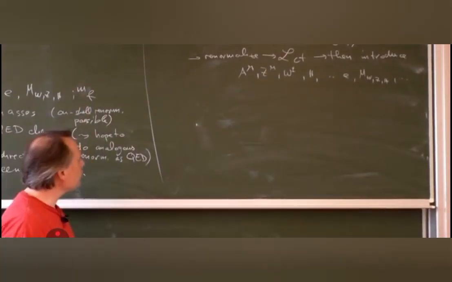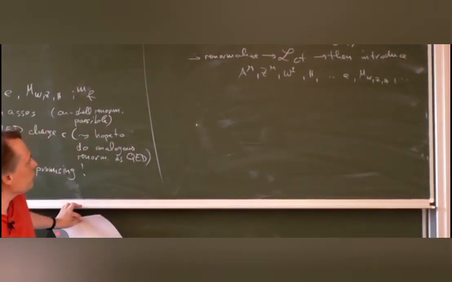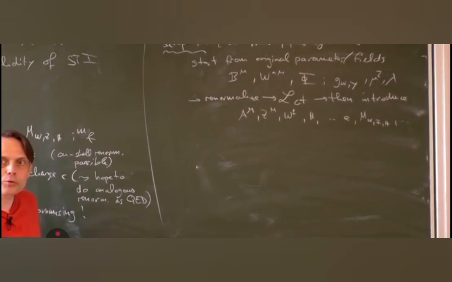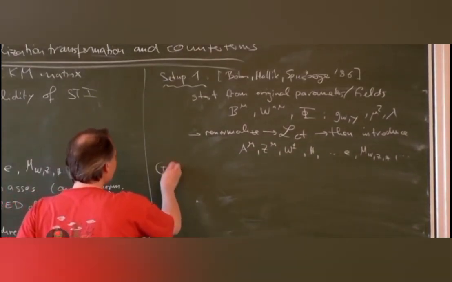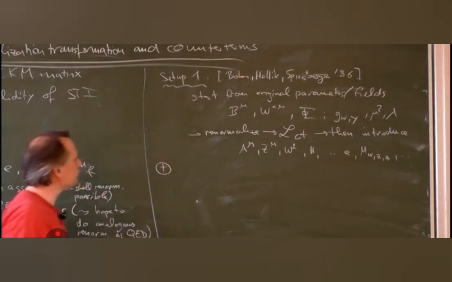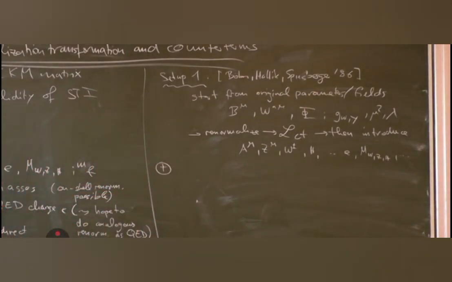And what is an immediate advantage of this procedure? The immediate advantage of that procedure, so plus stands for advantage, is that we know from the general Slavnov-Taylor identity discussions that this is guaranteed to provide exactly the correct form of the counter terms which cancel all divergences and which are compatible with the Slavnov-Taylor identity at higher orders, because that is exactly the outcome.